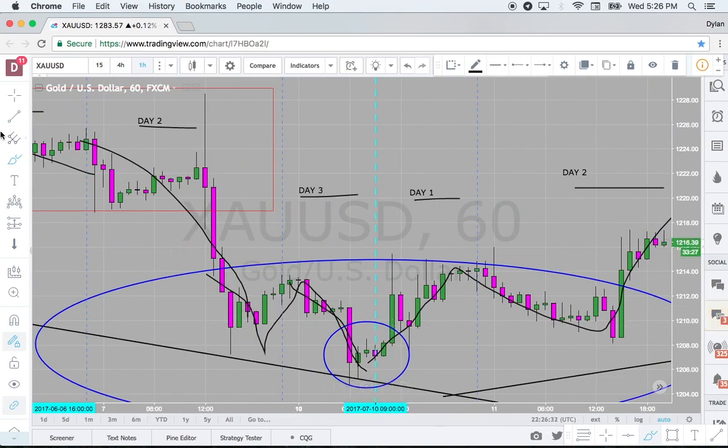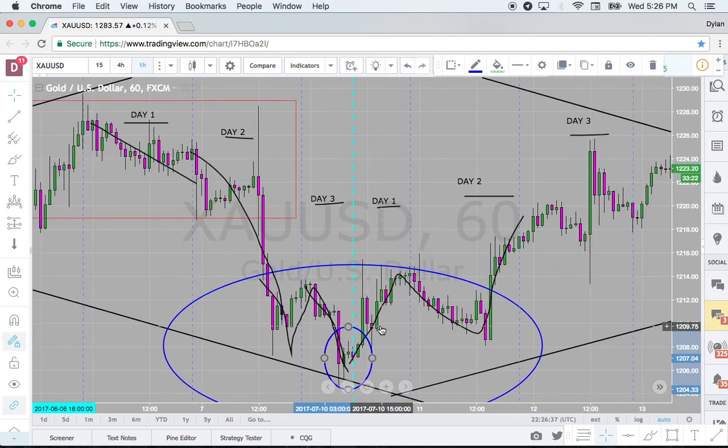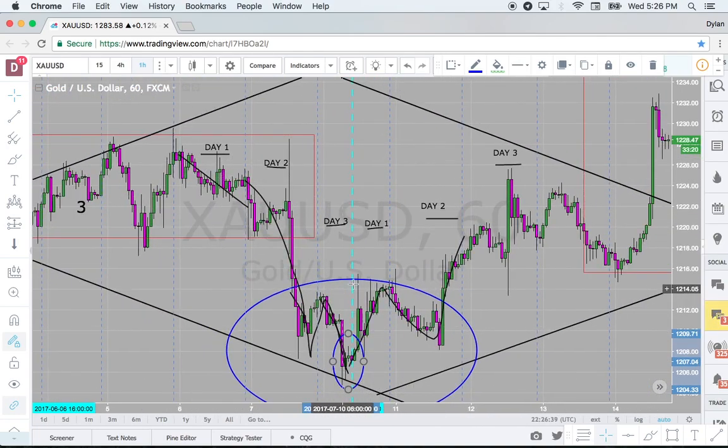Here is the mini peak. 3 days down, 3 days up.